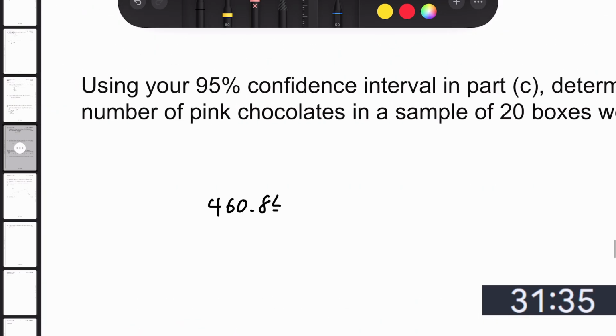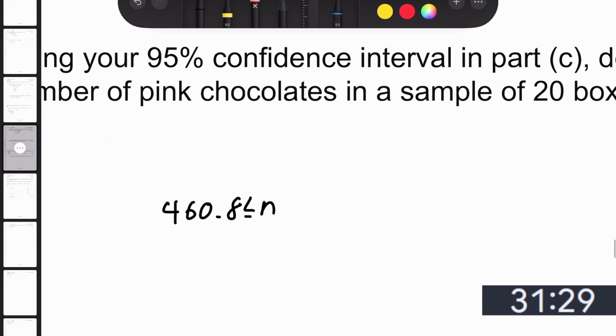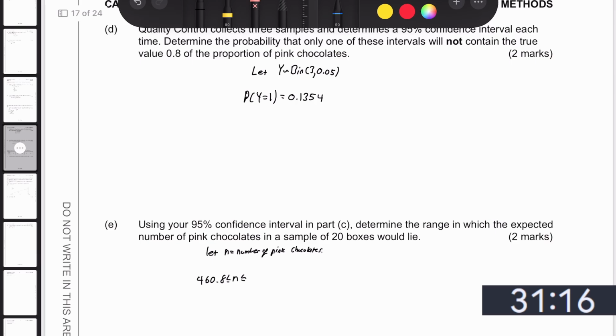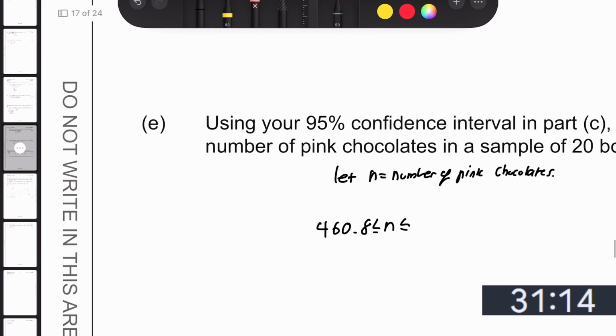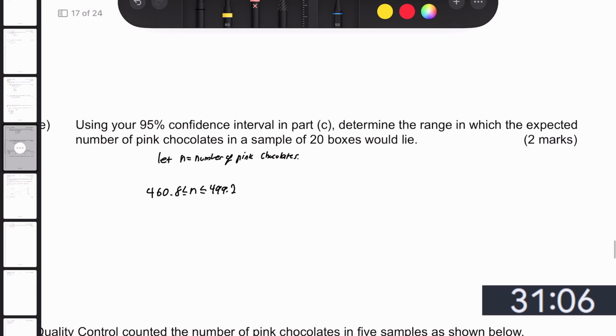That's the expected number of pink chocolates. Let n equal the number of pink chocolates. And then the upper, 0.832 times 600, is 499.2. There we go.